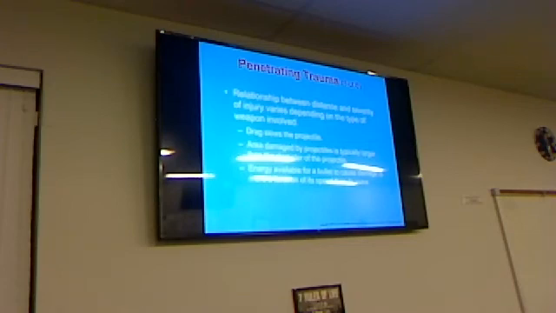The area damaged by projectiles is typically larger than the diameter of the projectile, especially when you get some of those bullets that, once they make contact, they open up and spread. You can get significant cavitation. You may have a small entrance wound and a very large exit wound. Okay.